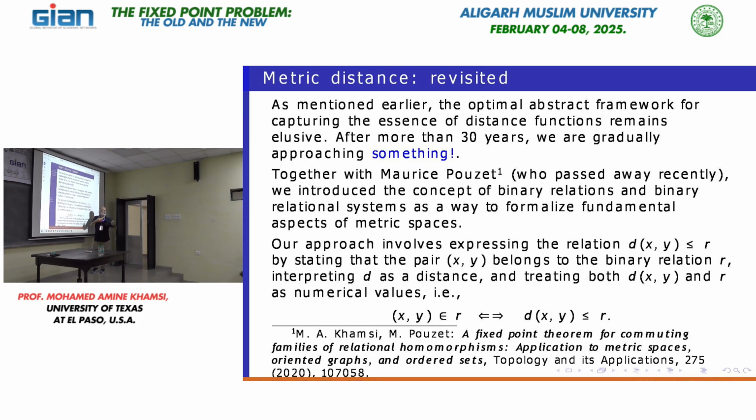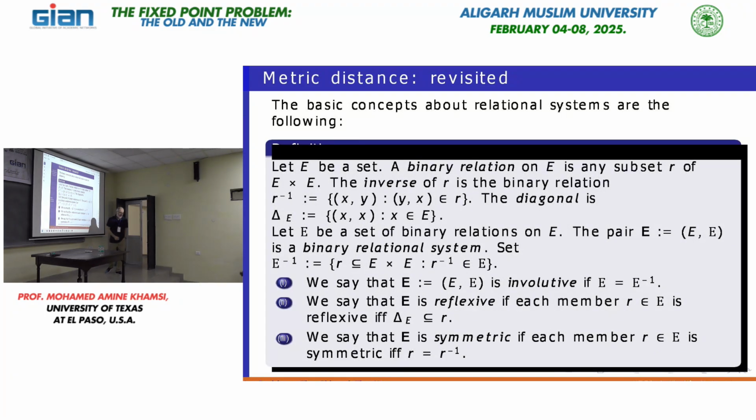And of course, we put some conditions. Here we have all the formal definitions under this idea of relations instead of numbers and so forth. I just want to show you something interesting here.